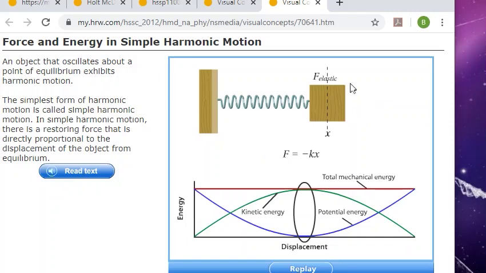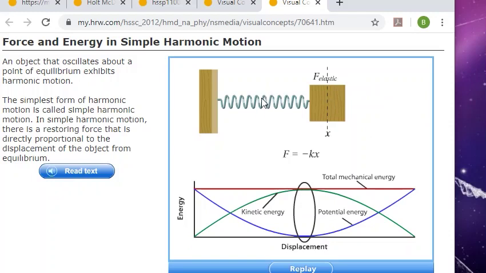Now the next step is position number 0, the equilibrium position. At the equilibrium position, the spring is relaxed. That means the potential energy is equal to 0. At the equilibrium position, the velocity is at its maximum. That means the kinetic energy is at its maximum. So here position 1, then position 0, then position -1.